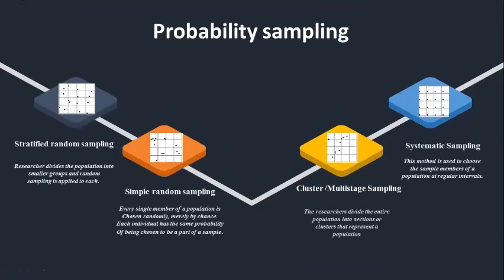You just choose randomly. Then comes the cluster or multi-stage sampling. Here the entire population is divided into various sections like you are seeing over here, and then clusters from those sections are chosen. Over here this cluster has been chosen, here this cluster, here this cluster.